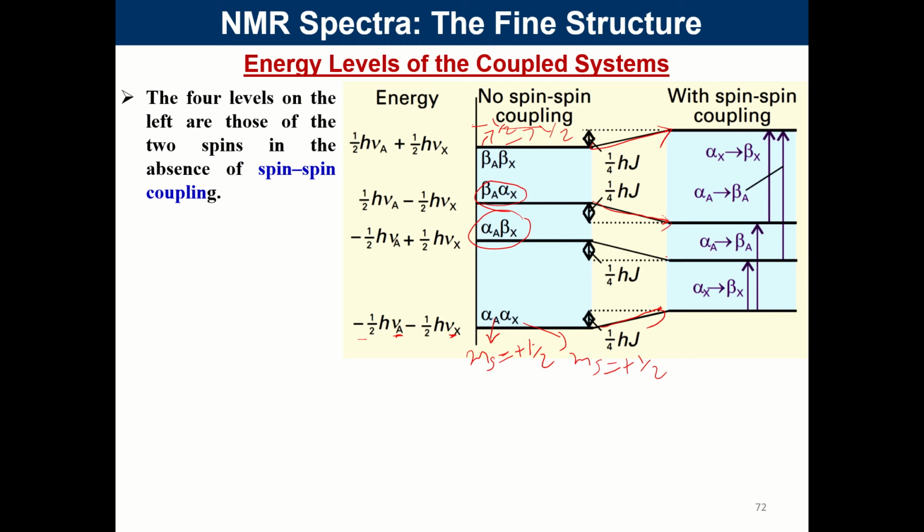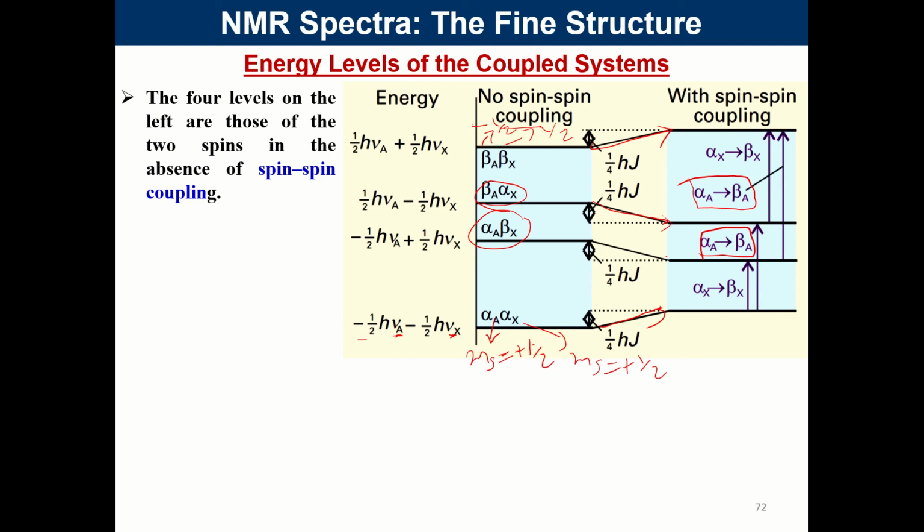Initially, if in isolated conditions A was having one transition possible, now the possibilities are more. You can see there are two transitions which correspond to alpha A to beta A, keeping the other part constant.